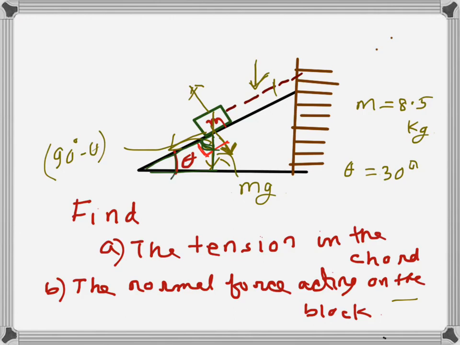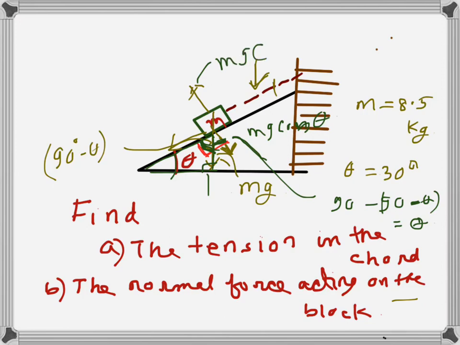So this angle is 90 minus theta, and the angle we are interested in is 90 minus (90 minus theta), which is theta. So this angle is theta. This is a very important thing we need to remember.